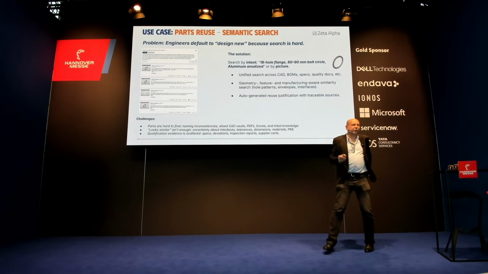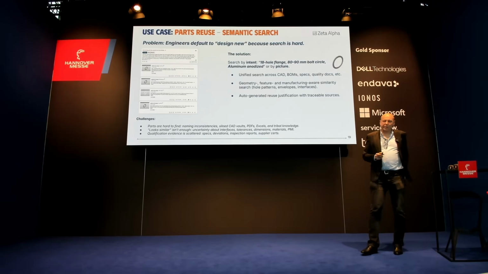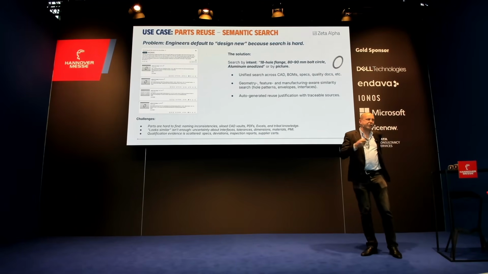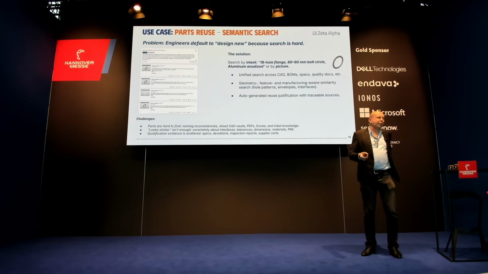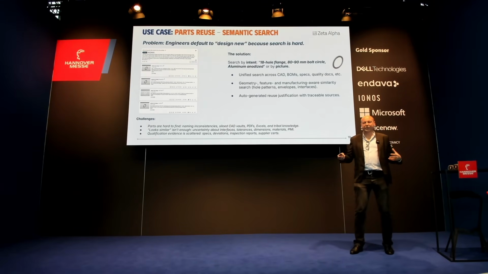So let's look at semantic similarity search. Within parts, you can use natural language, right? The classical problem was that because of naming, things were hard to find. And you don't only want to look at the official name of the part, but you want to look at the functional aspects and tolerances and dimensions and materials and all that.